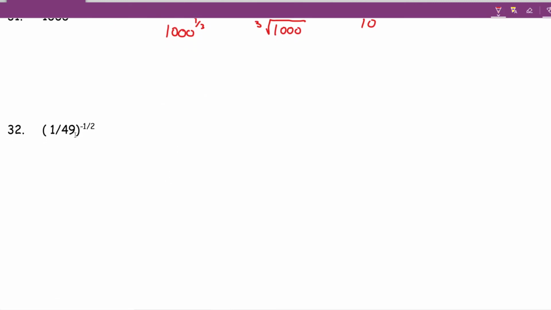Okay, so question 32, let's have a look at this again. Let's just first write this out, 1 over 49 to the power minus a half. And that is the same as, what we do is turn the fractions upside down, so that will be 49 over 1, and put that to the power positive a half.